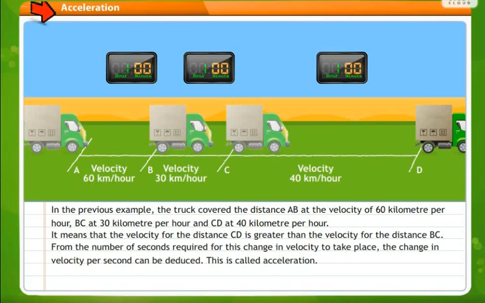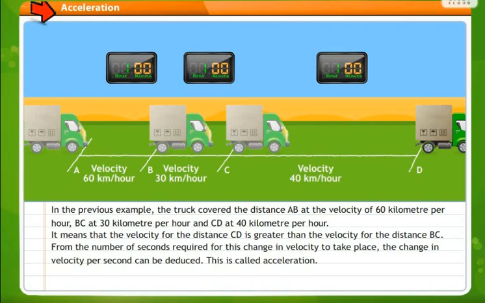From the number of seconds required for this change in velocity to take place, the change in velocity per second can be deduced. So this is called acceleration. Change in velocity with respect to time is called acceleration.